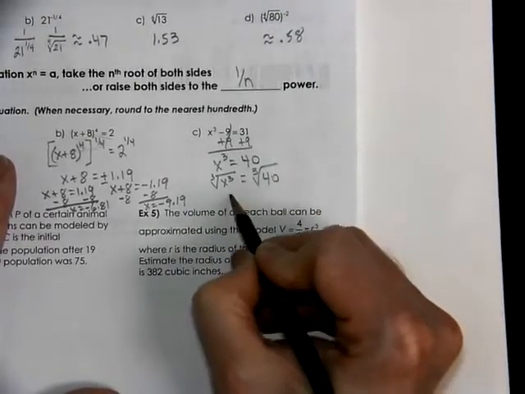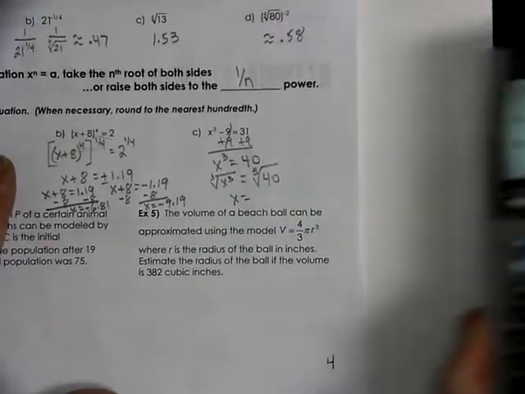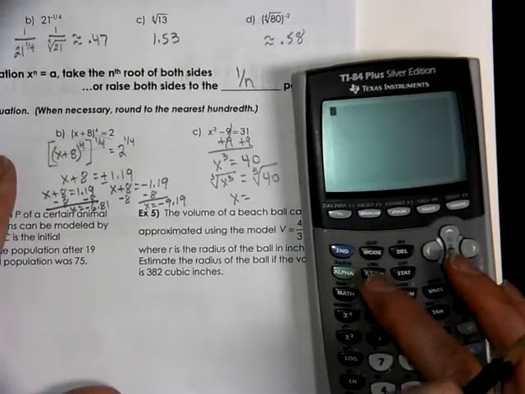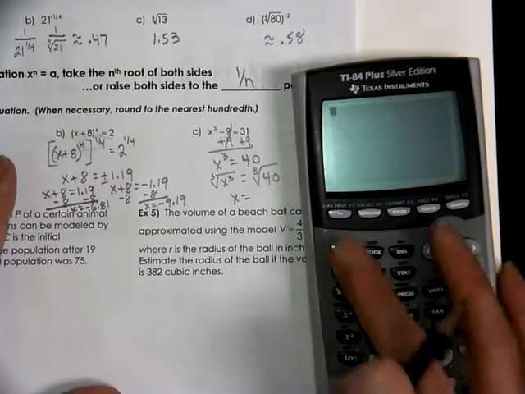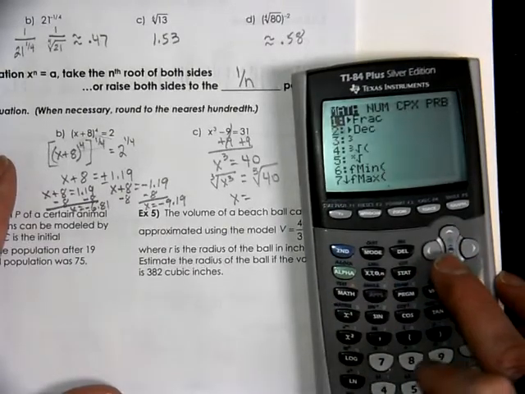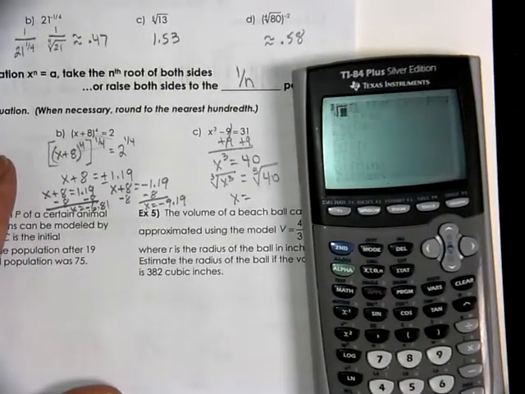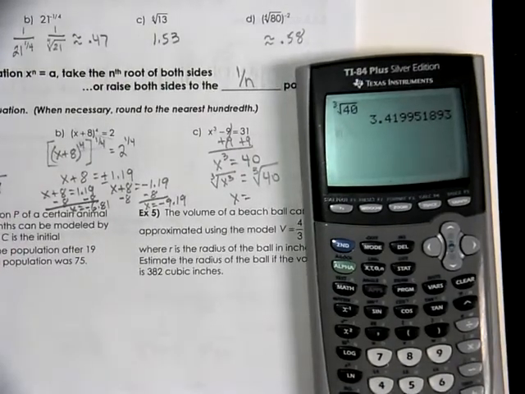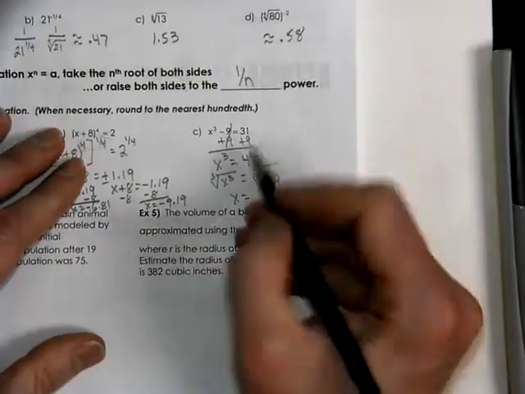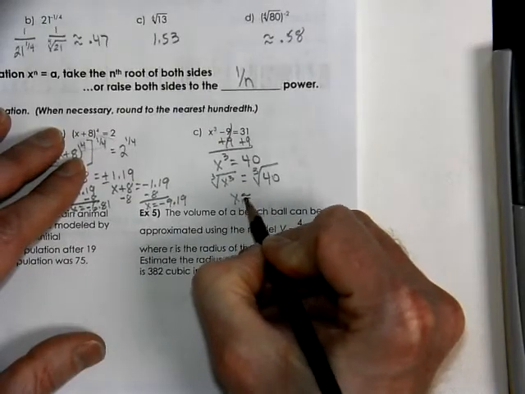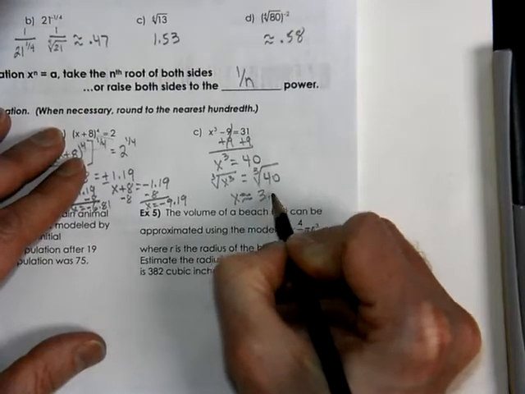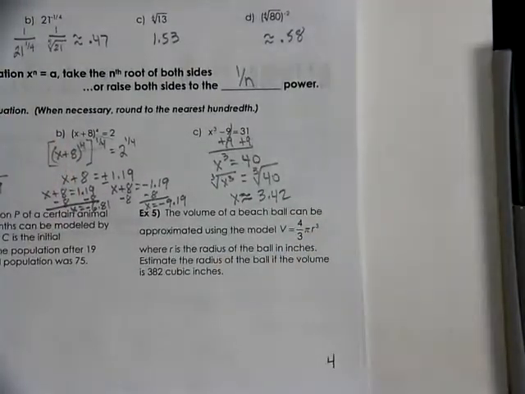Because it's an odd degree, we're only going to have a single value that equals it. So if we go to the math key, we can go down to cubed roots and type in 40, and that's approximately 3.42. It's good to show that symbol, 3.42.